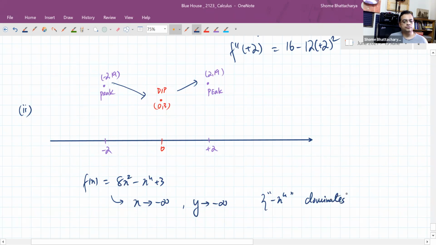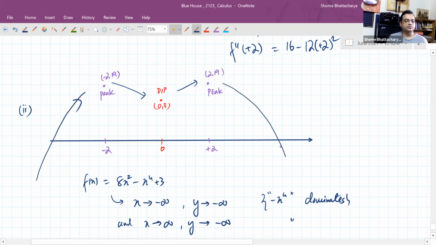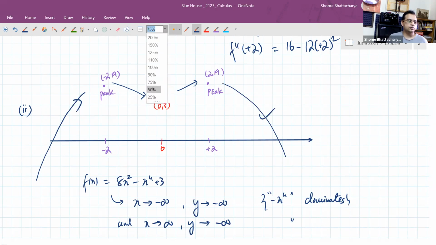And again, for x tending to infinity, y again tends to minus infinity for the same reason. So the graph has to start from some negative value, in fact a minus infinity kind of value. So we get a general idea of the shape.